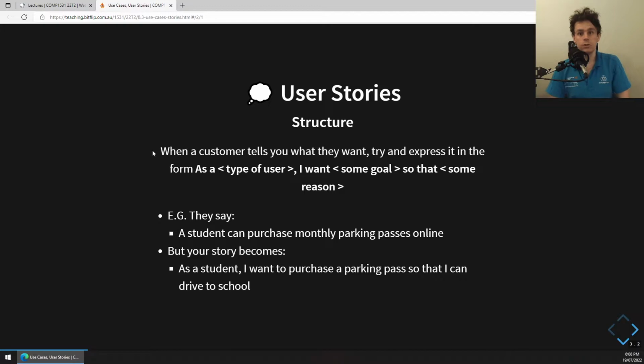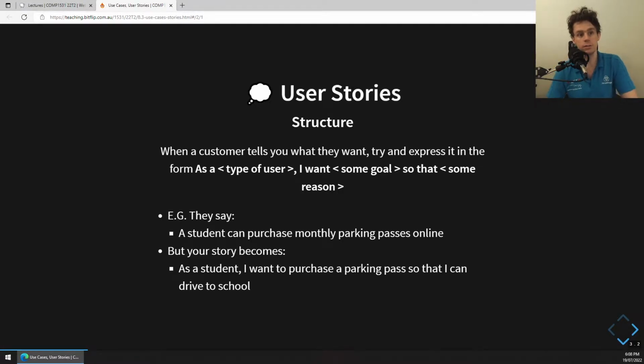Now, the structure of a user story. If we talked yesterday about that whole building a table thing, if you want to build a table, you might specify the table must be of this length. And again, if you remember the road legal car thing, it was quite specific, but user stories have a much more friendly and human structure.